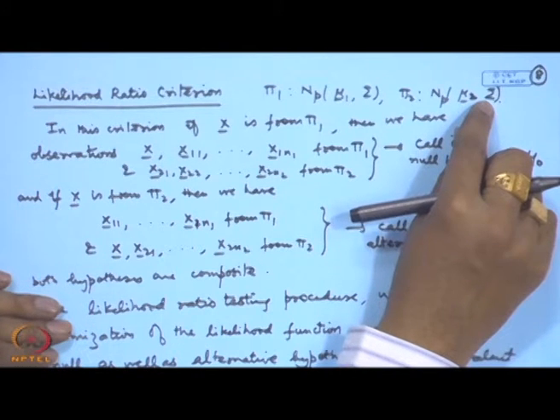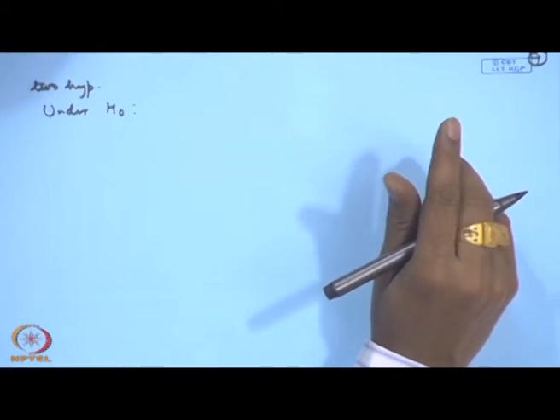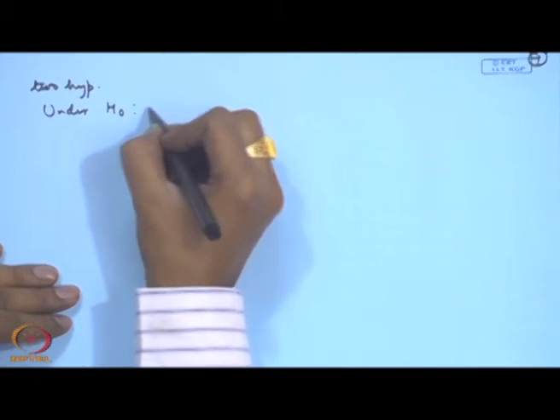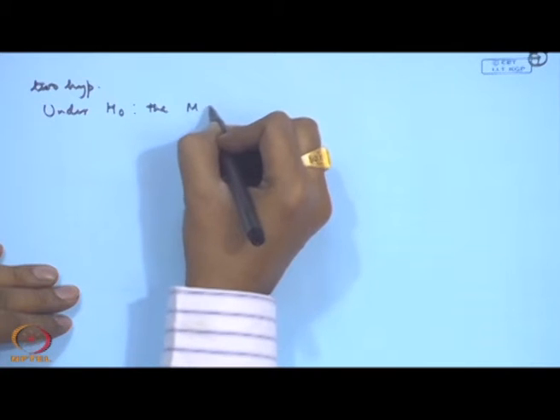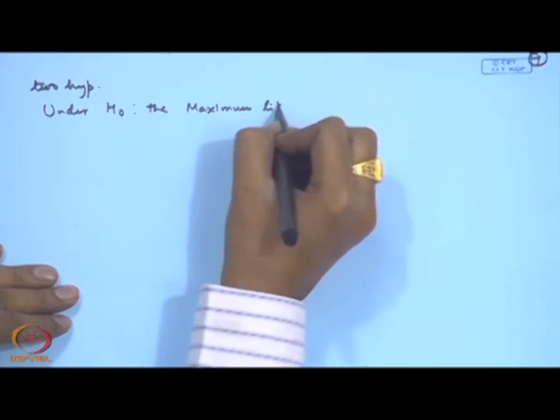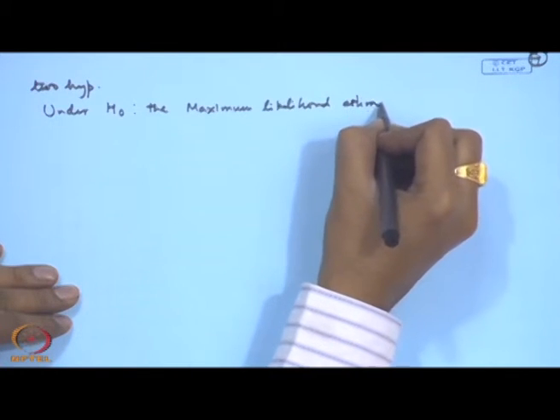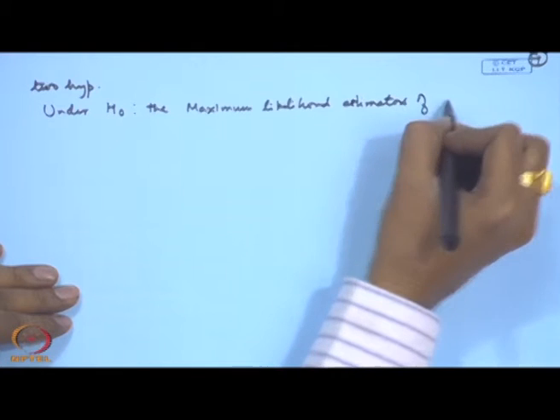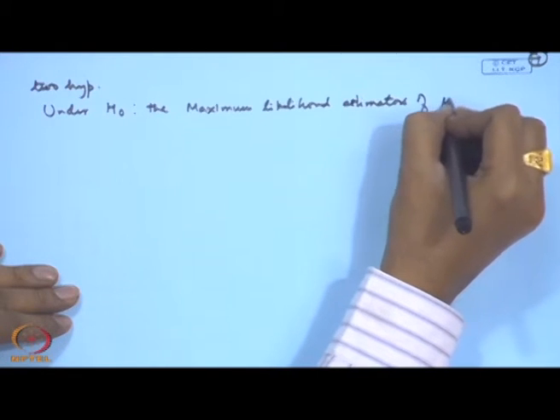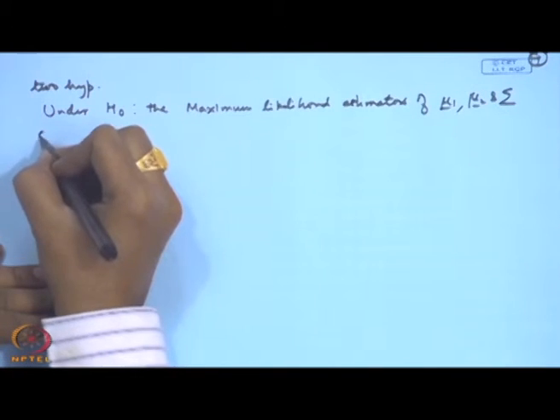So, we will get a combined term here, and the maximum likelihood estimators of the parameters mu 1, mu 2 and sigma are as follows.